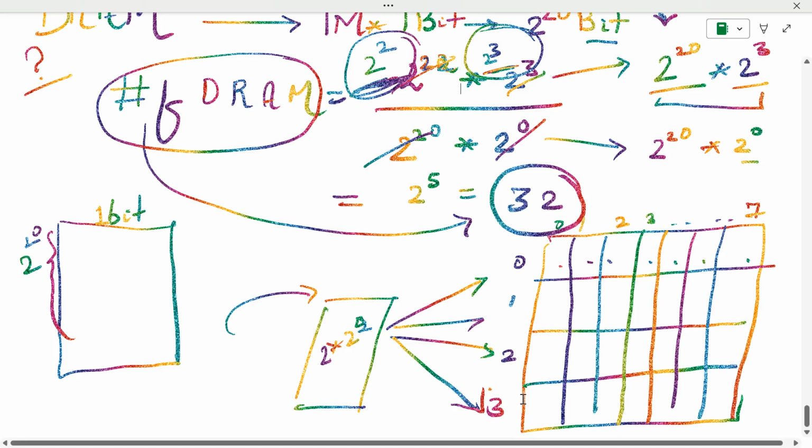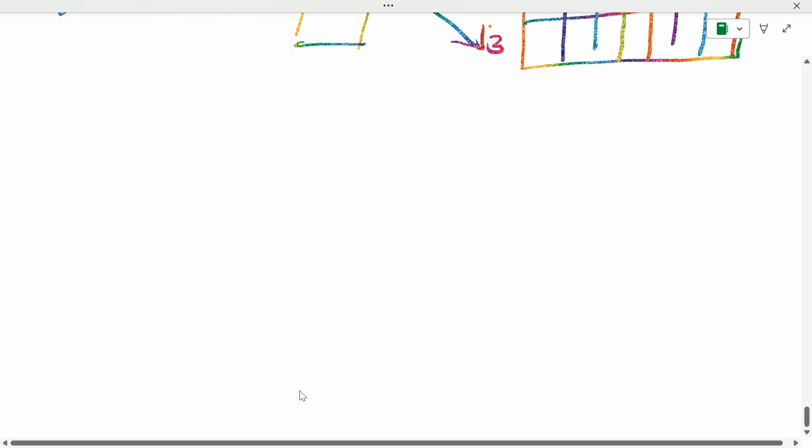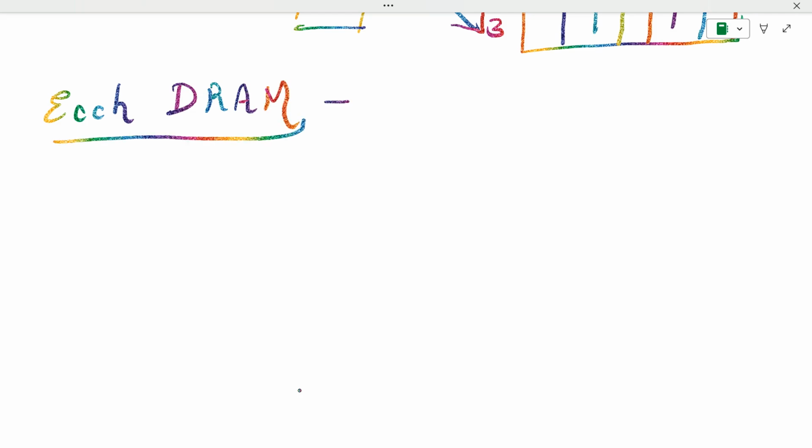Now the question that we got stuck on in the previous video was about the refreshing time. Okay, so each DRAM chip, if the configuration for each DRAM chip is given as having 1k rows of cells, and 1k cells in each row.